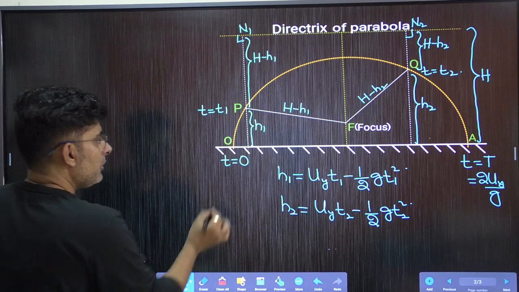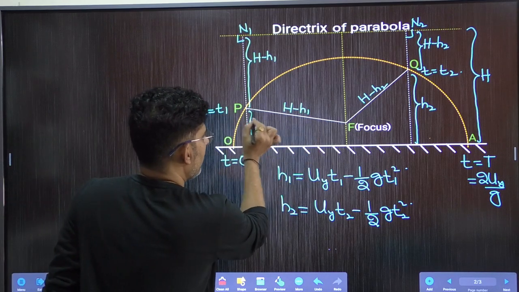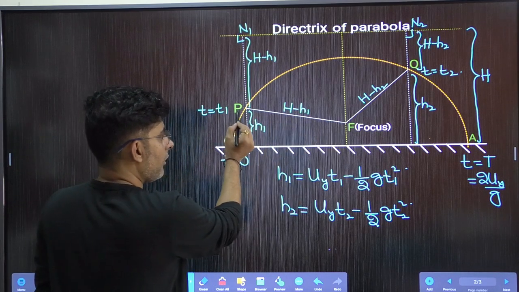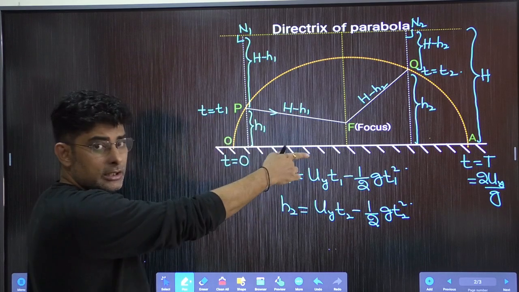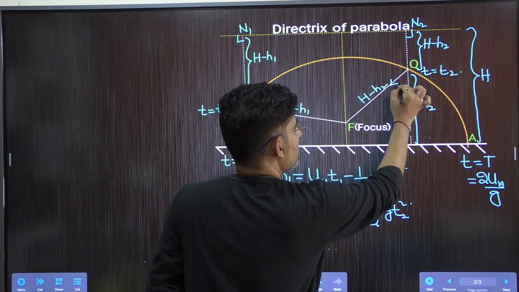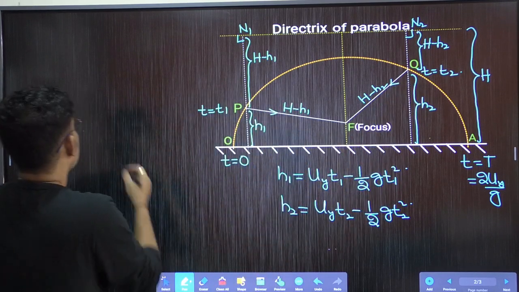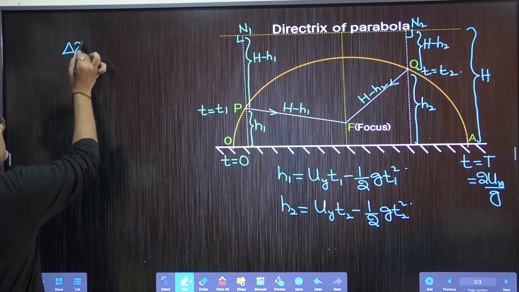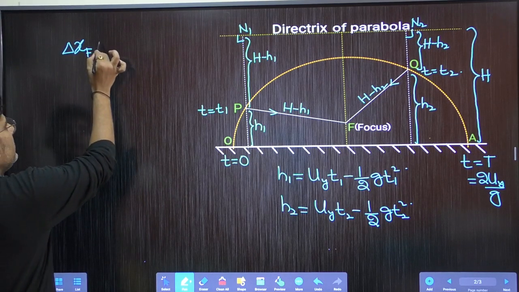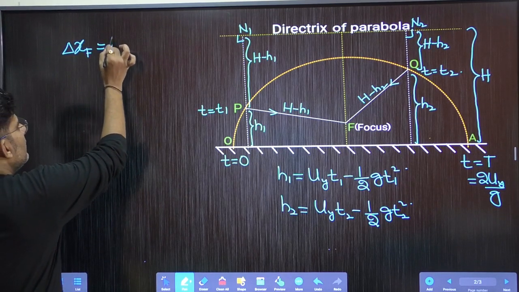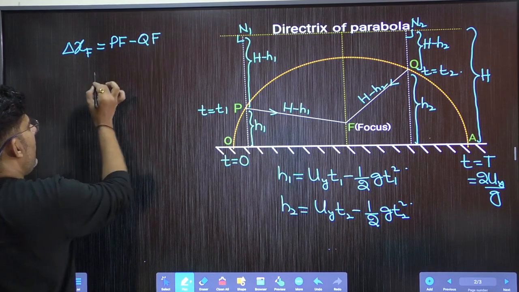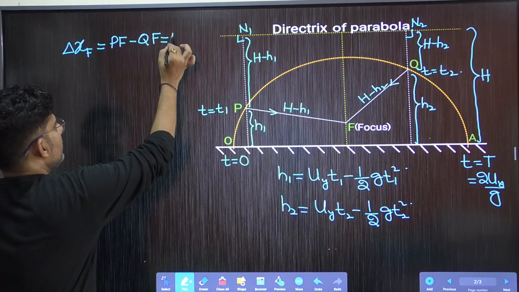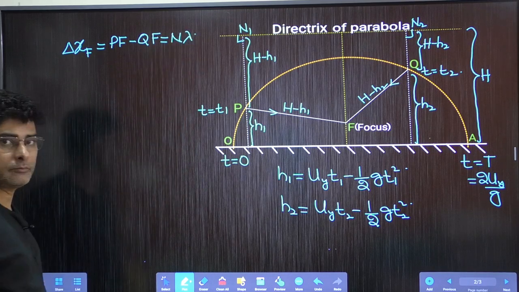Now the distance from the focus of point P is more than that of Q, so for the wave which comes from P to the focus and the wave which comes from Q to the focus, the path difference at the focus will be simply PF minus QF, and since we have constructive interference, this should be equal to n lambda.